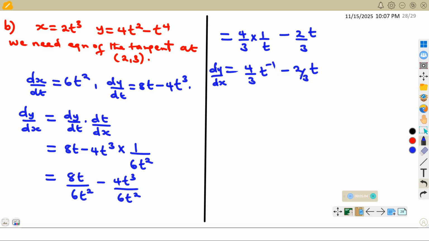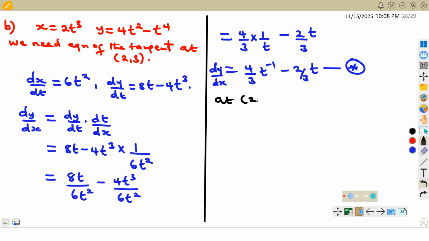So dy dx is in terms of t. But since we need the equation of the tangent at this given point, we must get the value of t that we shall substitute here to get the gradient of the tangent. So let us look at how best we can get t. We are interested in the equation of the tangent at this point.